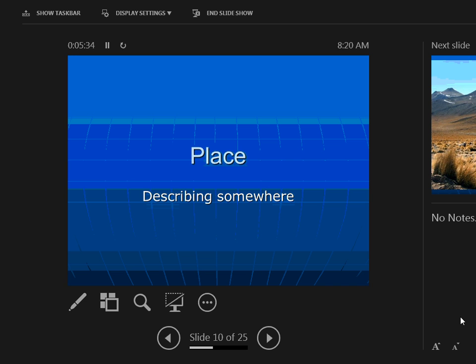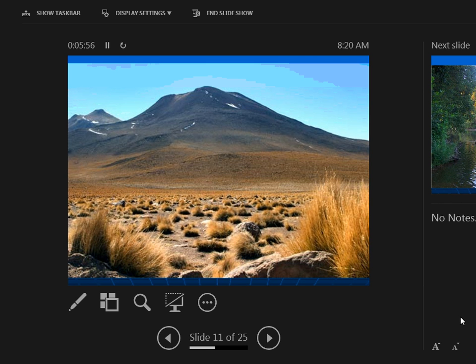Okay, so let's talk about place. A place describes somewhere. We're going to play a little game. I'm going to show you a picture, and I want you to tell me where in the world it is. Now, we'll start with this easy one, right? I want you to tell me which continent it's on. You have to be more specific than that, just which continent. All right, where's that?